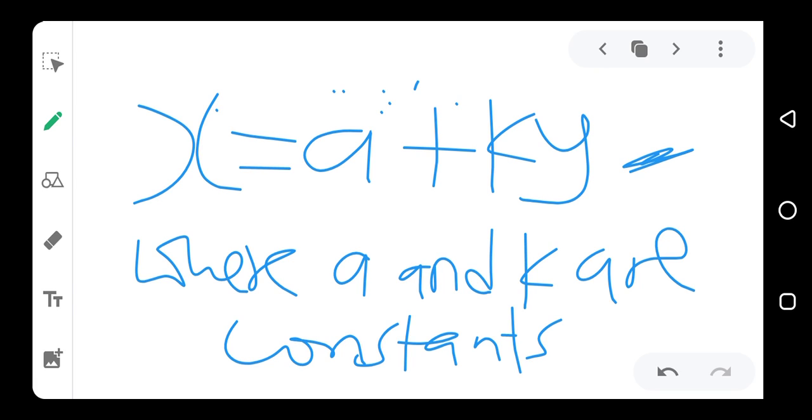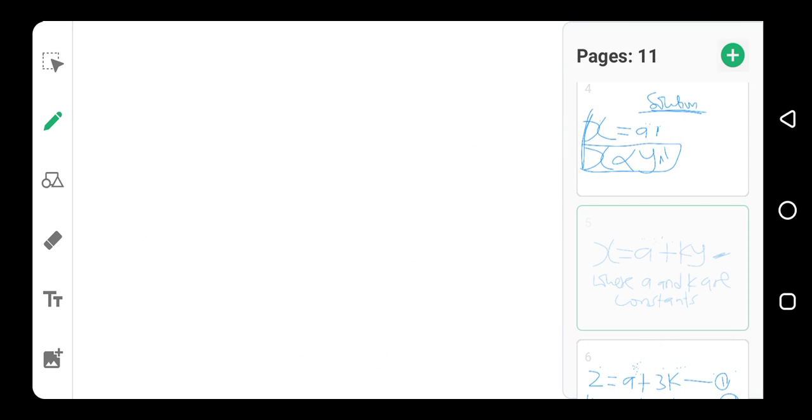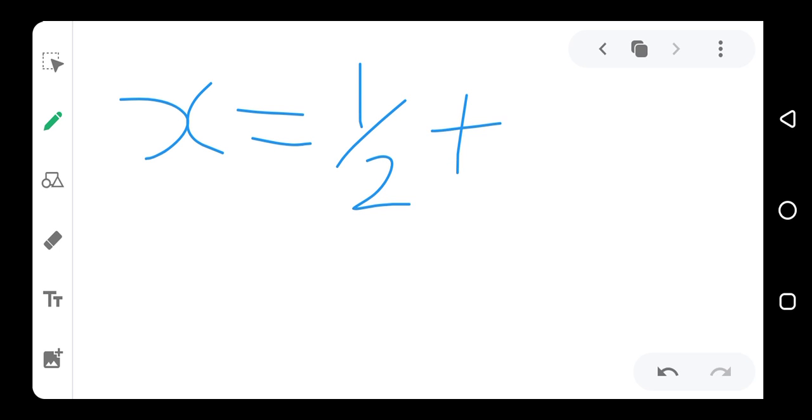So when we put the constants, what we are going to have is that x is equal to a is half plus k is half also times y.